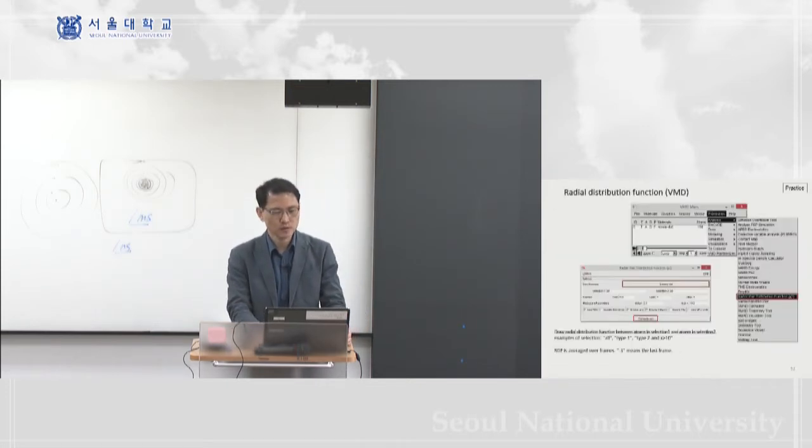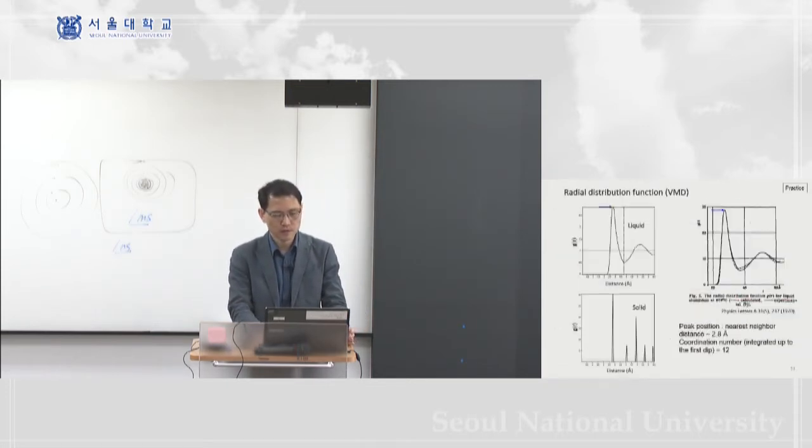For the diffusion coefficient, you need the VMD software visualizer, and so this is the radial distribution you obtained in VMD. And this is the structure, and you can see that this is the typical liquid structure, and this is the first shell, and this is the second shell.